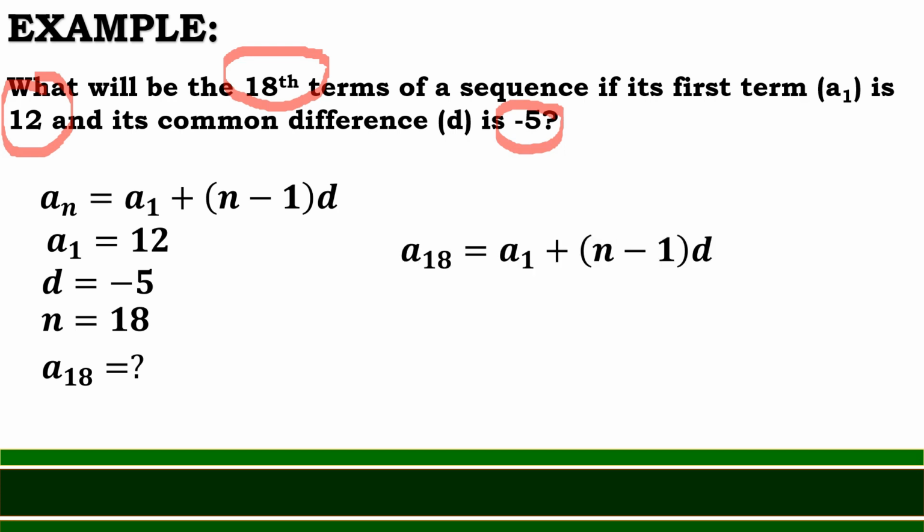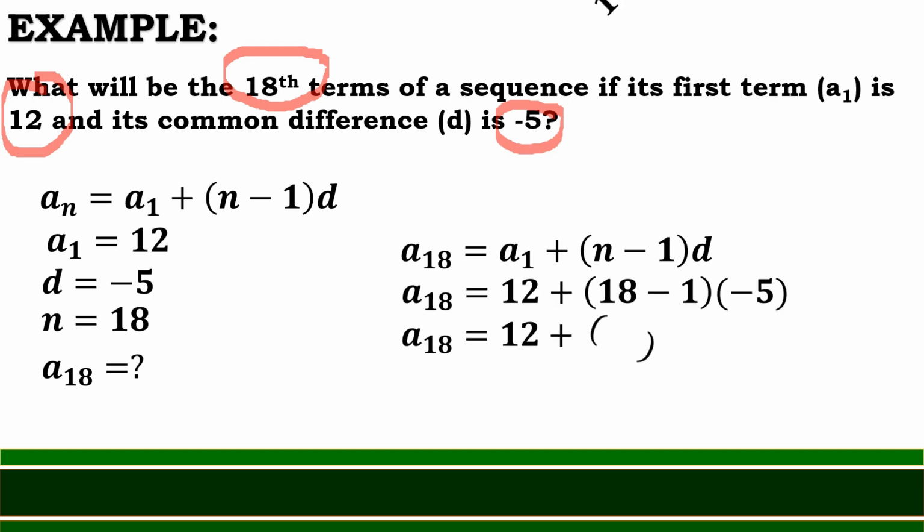So, syempre, the equation will be a sub 18 is equal to a sub 1 plus n minus 1 multiplied to d. Substitute lang natin lahat ng corresponding value na meron tayo sa given. For a sub 1 is 12, common difference is negative 5, and the number of terms is 18. Now, we need to subtract 18 and 1, so it will give you positive 17.